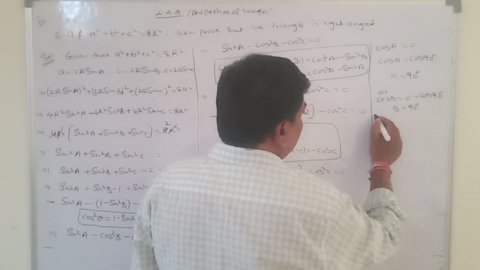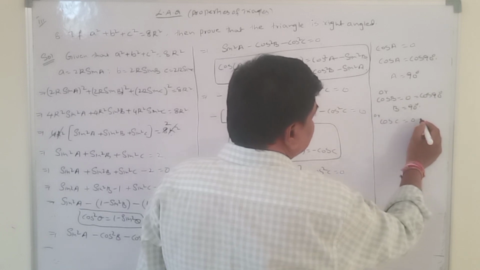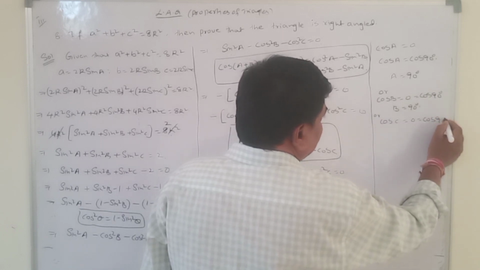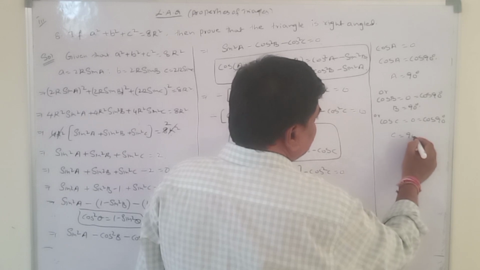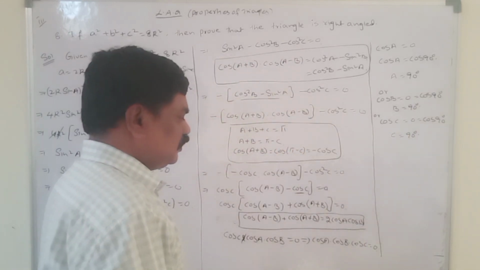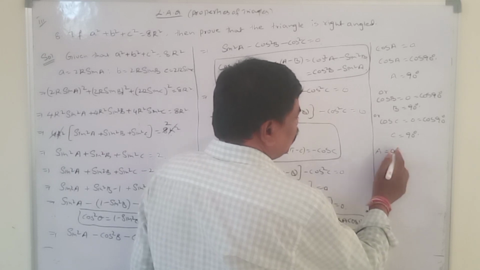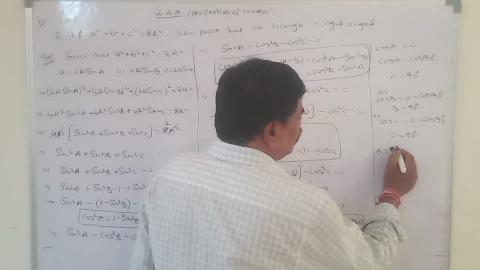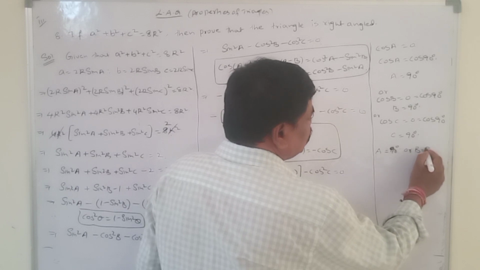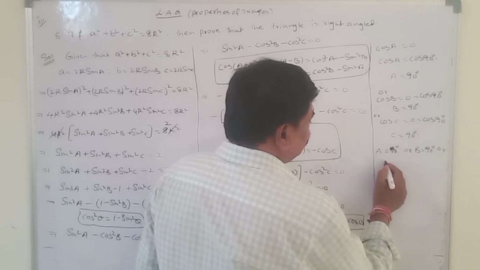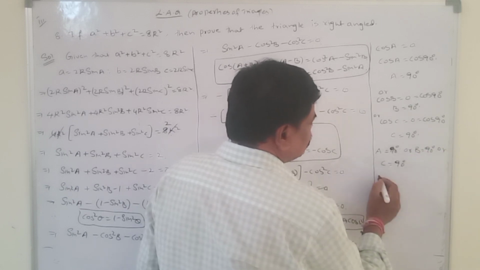Or cos c is equal to 0 is equal to cos 90 degrees, so C is equal to 90 degrees. Then A is equal to 90 degrees, or B is equal to 90 degrees, or C is equal to 90 degrees.